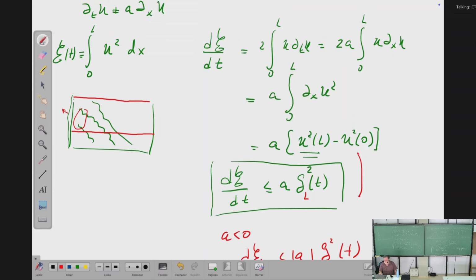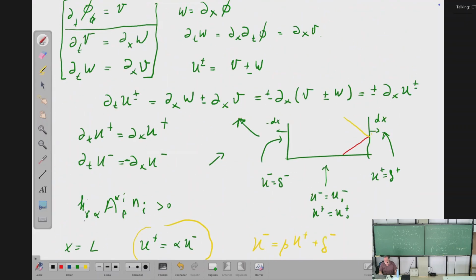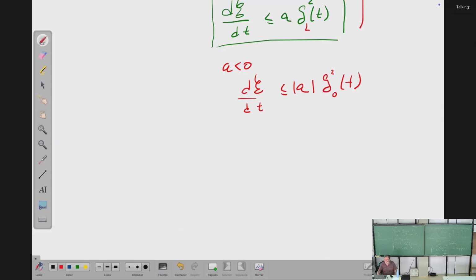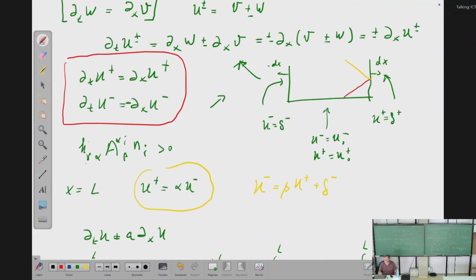What happens if I use the system, right, this system? If I try now this system. Well, there are two equations, each one decoupled, right?